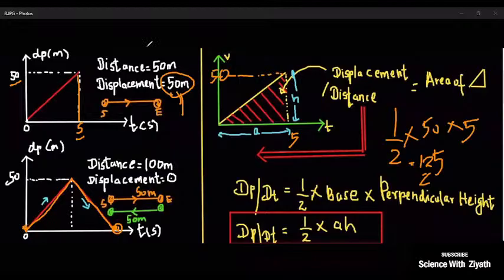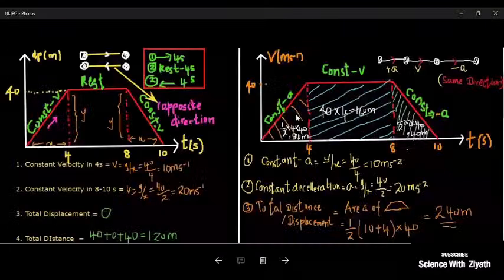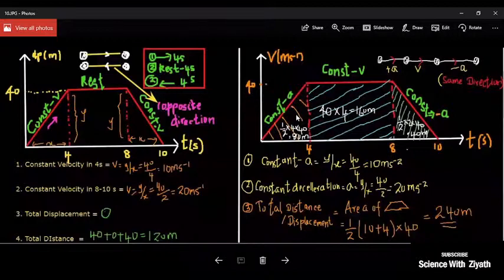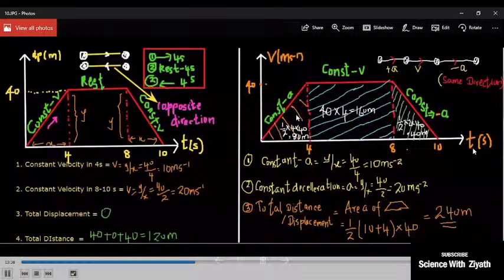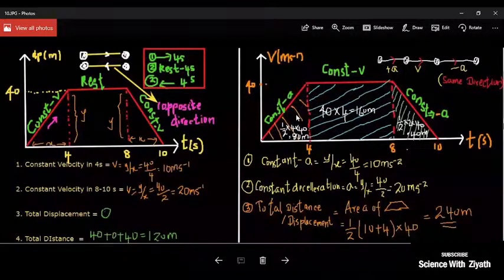Now let's go to the next one. This is, don't confuse yourself, right? This is very tough. I have tried so many things in one picture. If you are well versed in linear motion, this is the picture. If you have understood this very well, you will understand every question.